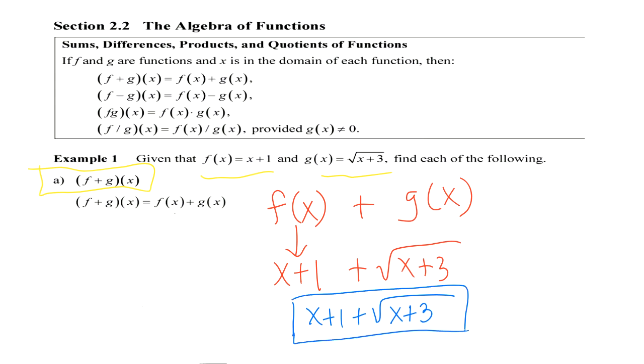You cannot combine those, so this is where you have to stop. You just take everything after the equal sign and add it. They're going to tell you to add f plus g of x, and we always expand it. But if you don't want to expand it, you can just take everything and start adding from the point right here.